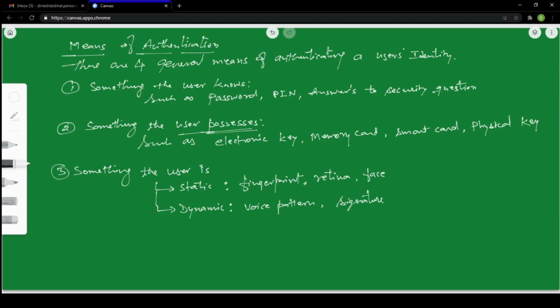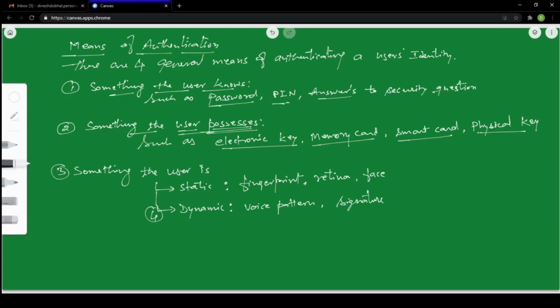This is number 3, or this could be number 4. For the authentication process, we can use the information that the user knows, such as a password, PIN, or predefined answers. Or we can use something that the user possesses, such as an electronic key, memory card, smart card, or any physical key.